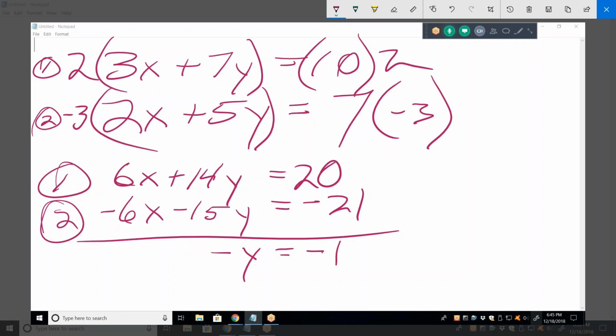Okay. Keep going. You haven't solved for y yet. No, you've solved for negative y. You got to solve for y. Okay. You divide by negative 1, not negative y. You divide by negative 1.